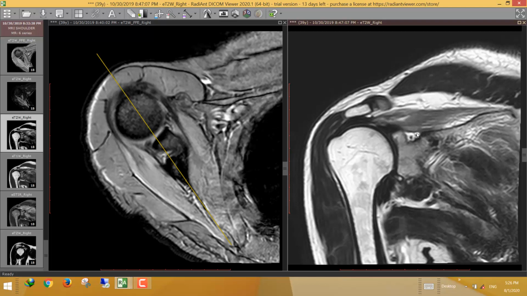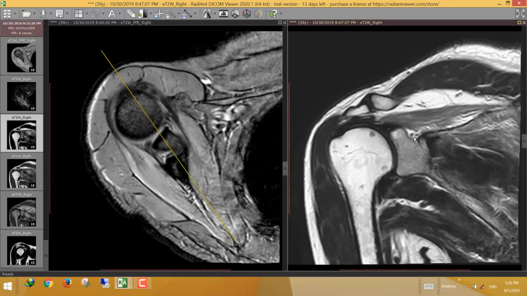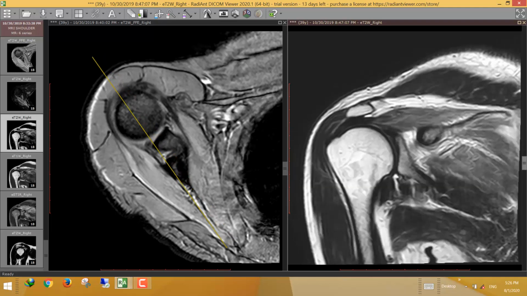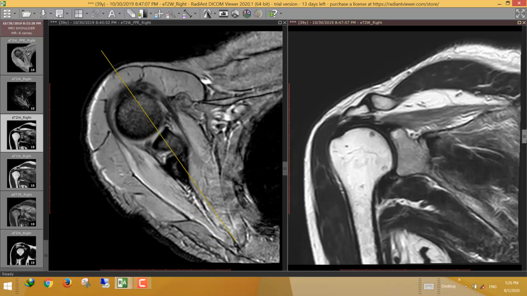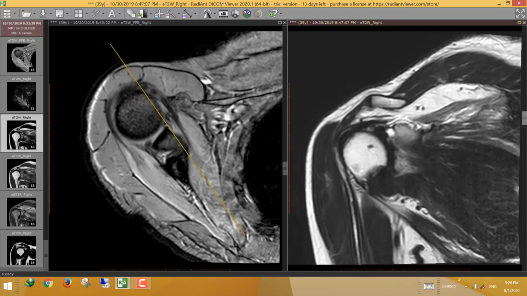There is no mass lesion occupying the spinoglenoid notch. If we go upward, following the course of the nerve, we can see the suprascapular nerve here, and this is the base of the coracoid process. The notch medial to the coracoid process is the suprascapular notch.